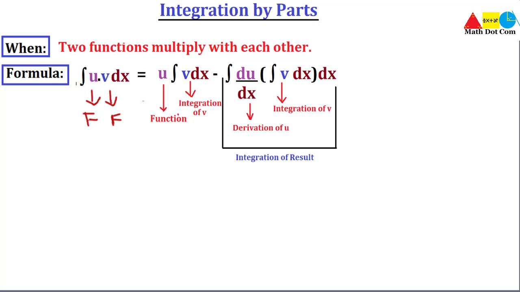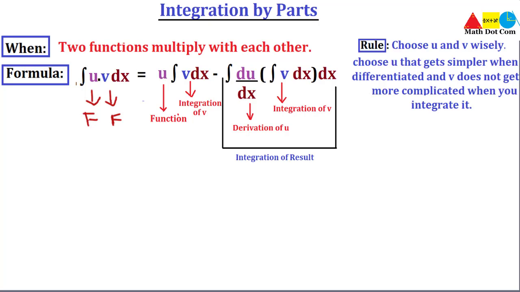Let's see, there is a rule that you have to keep in your mind while using this formula, otherwise it will be difficult for you to apply it. Sometimes it can make things complex, so you have to save yourself from the complexity and keep it as simple as you can. Let's see what is the rule that you have to adopt.